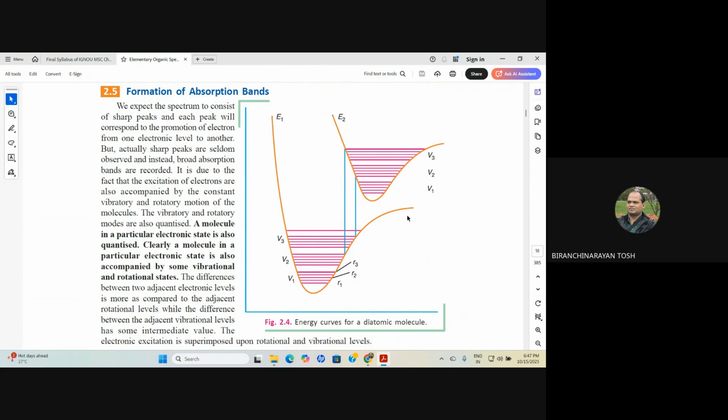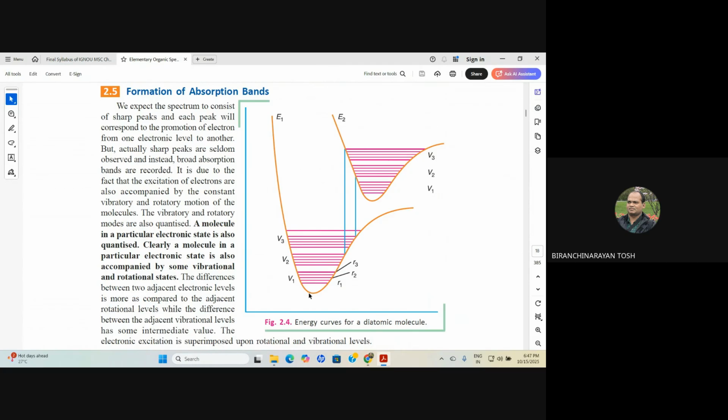When the net force is attractive, the bond will be formed. So this is the minimum distance, which is also known as the bond length. Here the bond, or the molecule, will be formed.